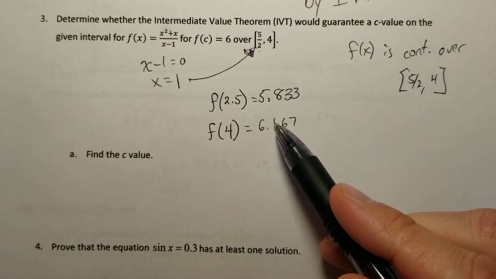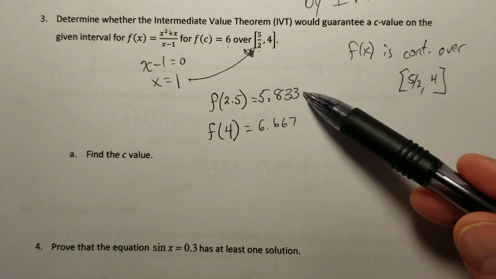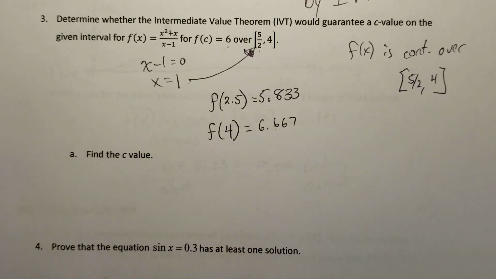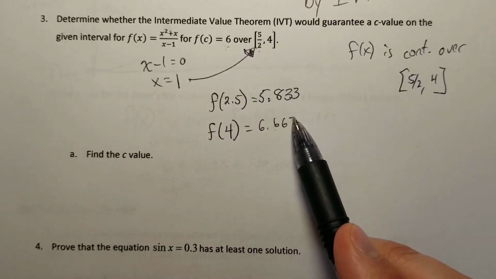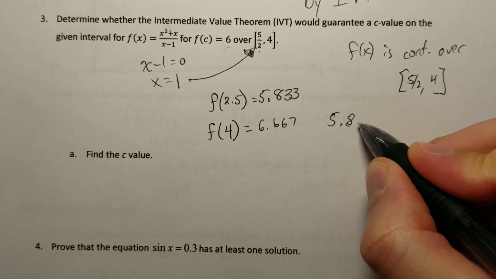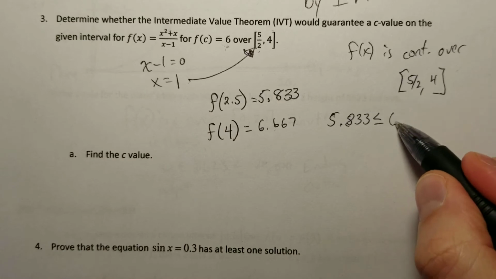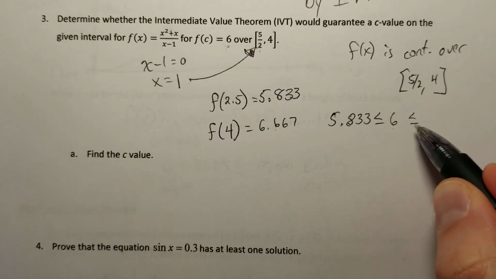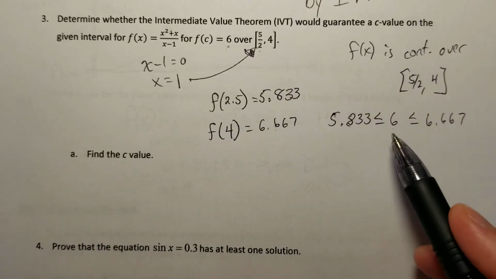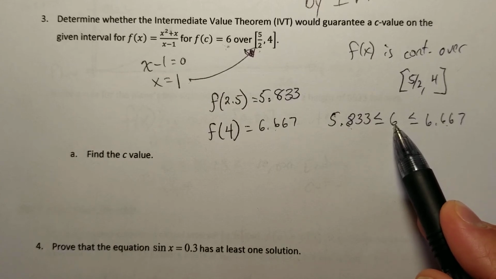But we want to achieve an output of 6 when our initial output is 5.833 and our ending output is 6.667. So does 6 fall between those? Yes, it does. So I'm going to show that 5.833 is less than the output that we want, 6, which is less than or equal to 6.667. So initial output, ending output, and the output we want falls between.